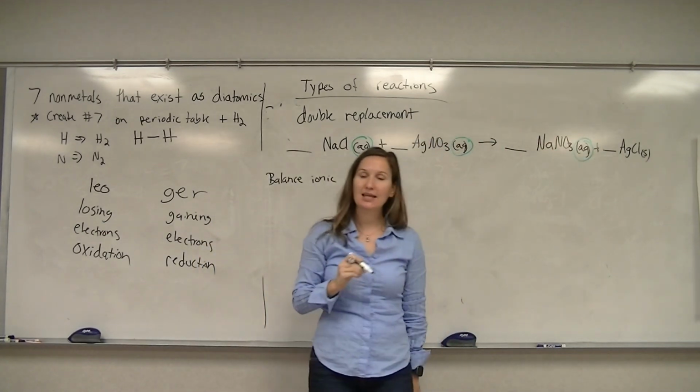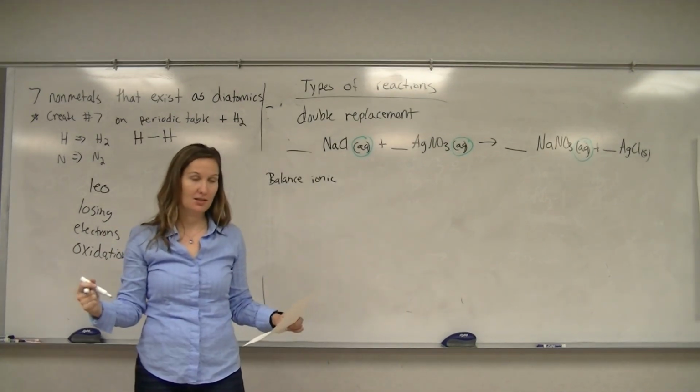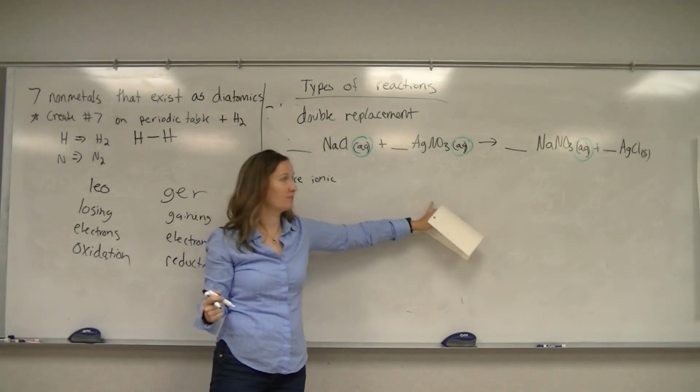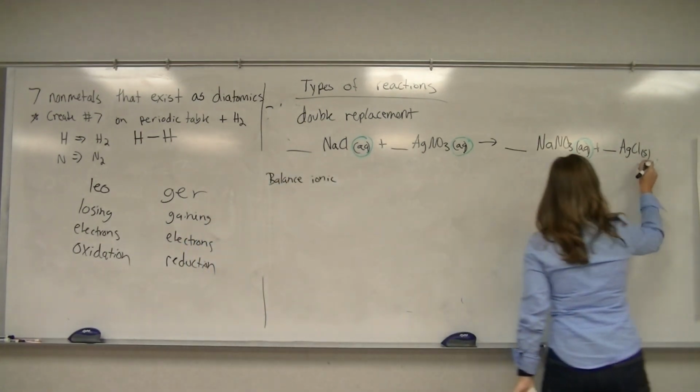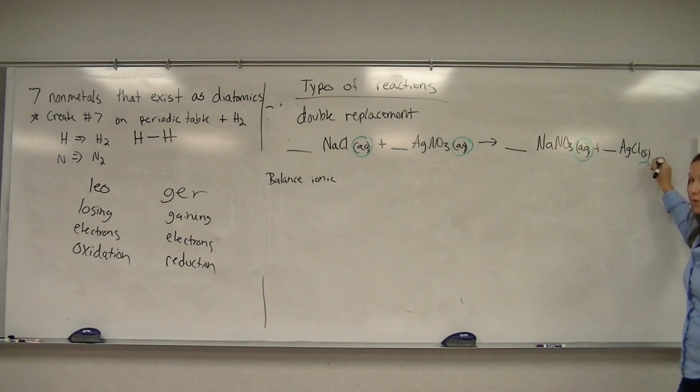Because if it has an AQ, that means it's dissolved in water, it has separated into its ions. So we will write its ions out separately. However, if it has a solid by it, that means it didn't break apart, it didn't dissolve in water. It's still silver with the chlorine together. So we aren't going to split that one into its ions because it hasn't dissolved in the water.